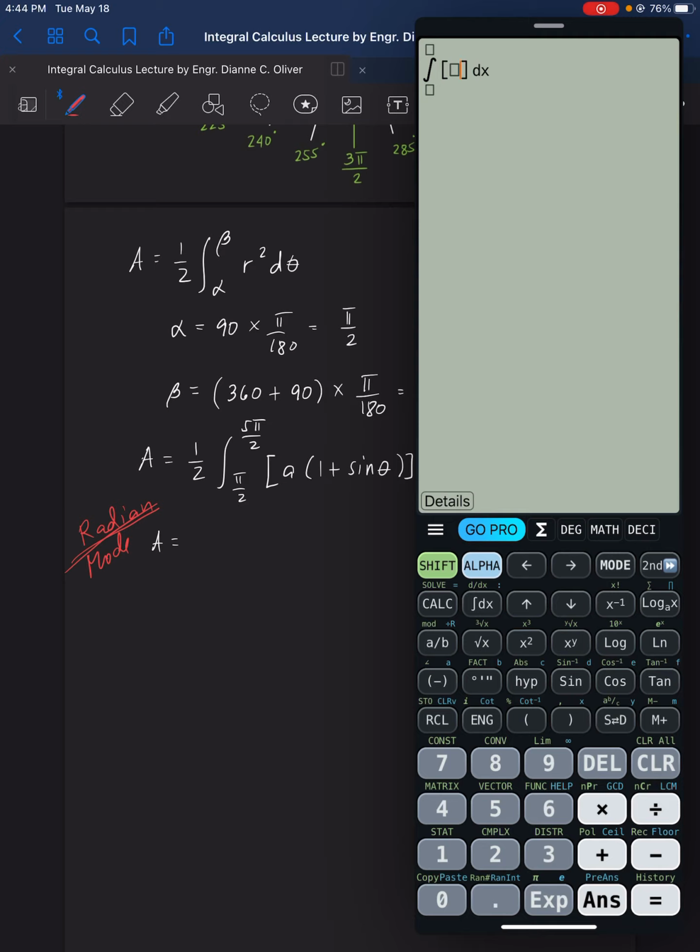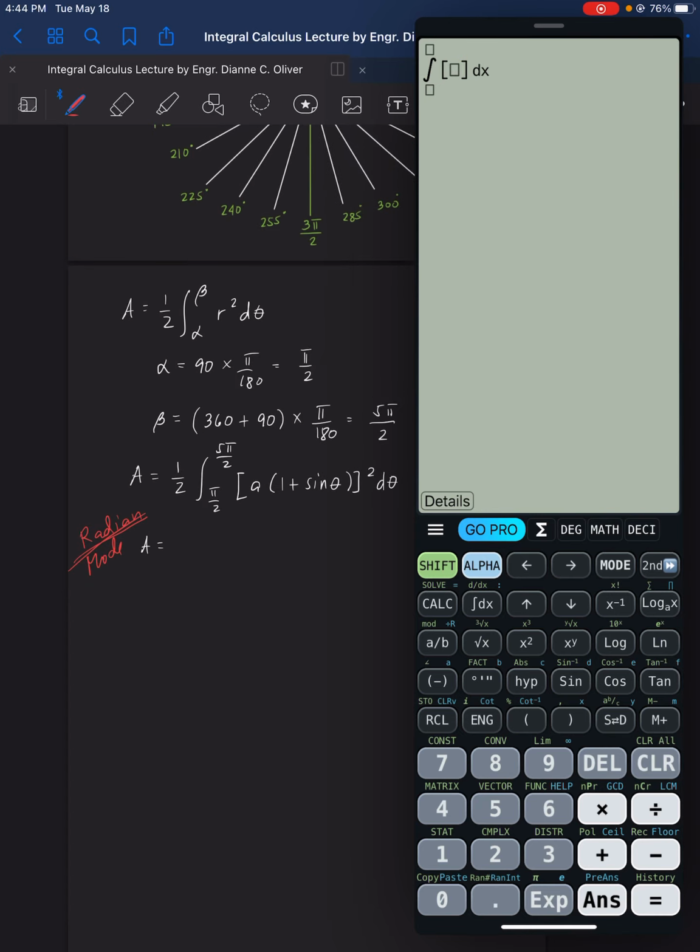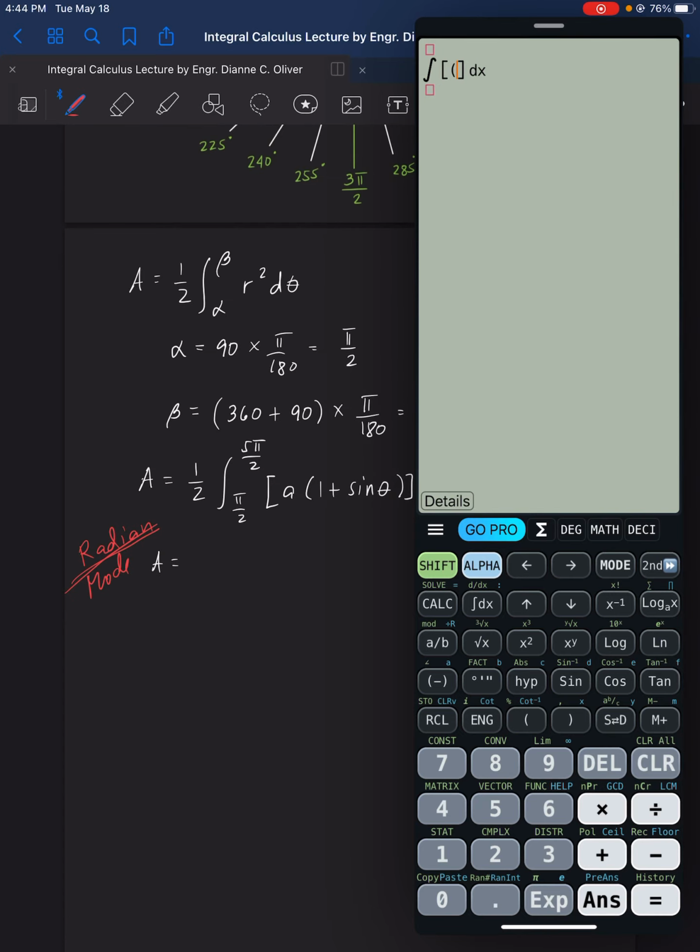So we have the integral of, this is squared, 1 plus sine alpha x squared, lower limit pi over 2, upper limit 5 pi over 2.